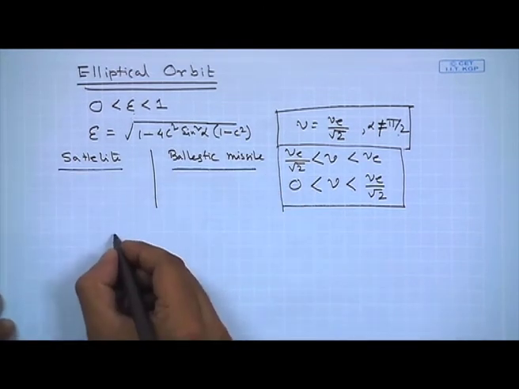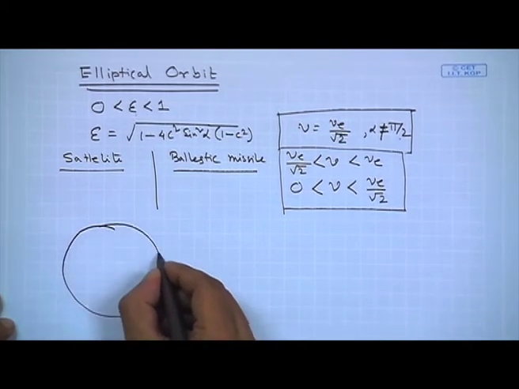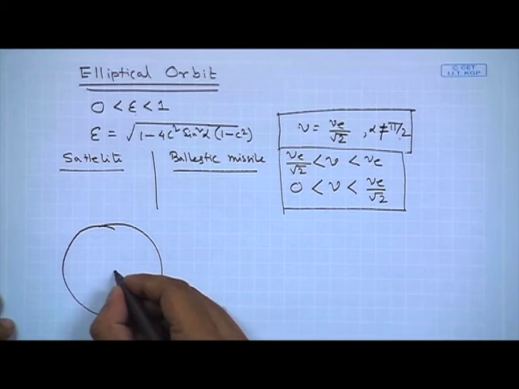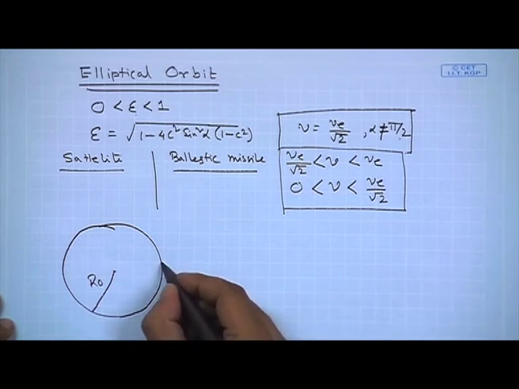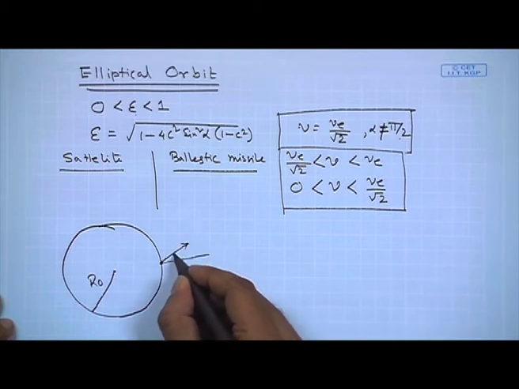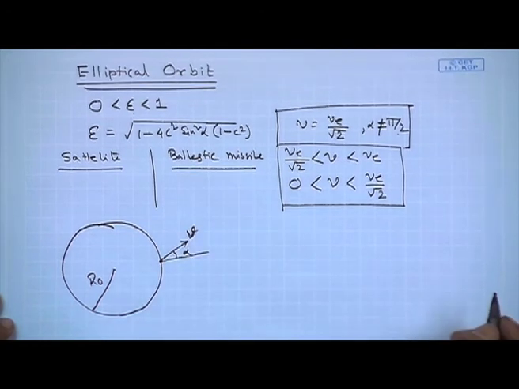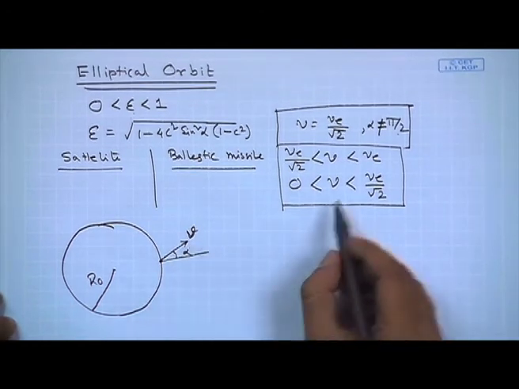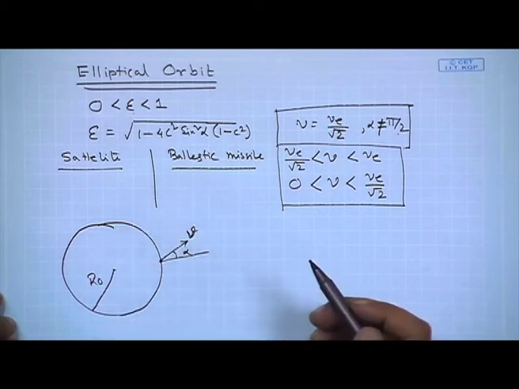Let us say this is my Earth surface. The radius is given by r0, and I am launching an object from this particular point with some velocity v and angle alpha, right. And let us say this velocity v is less than ve, so we will get an elliptical orbit.